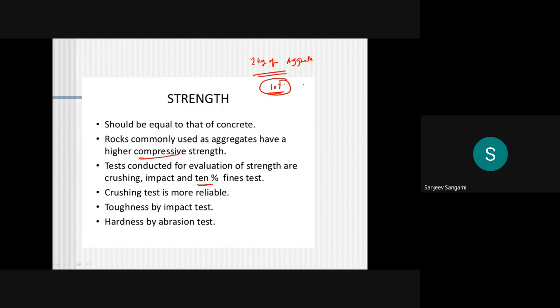We'll discuss that. The ratio of fines should be 10%.